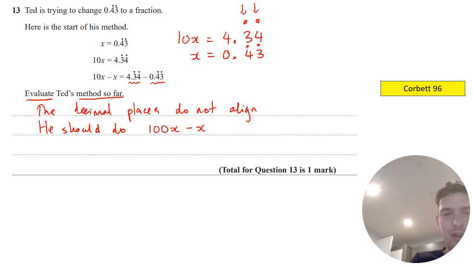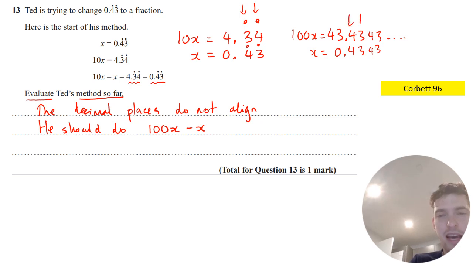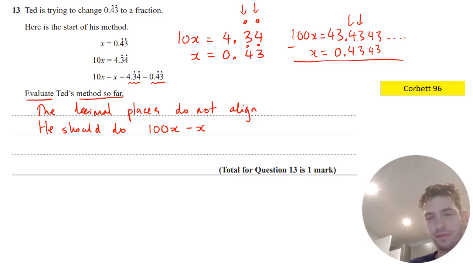And why is that? Because 100x would be 53.4343 versus x is 0.4343. And here we can now see the decimal points will align, and I could work it out. So that is what I need to do to get that 1 mark there.